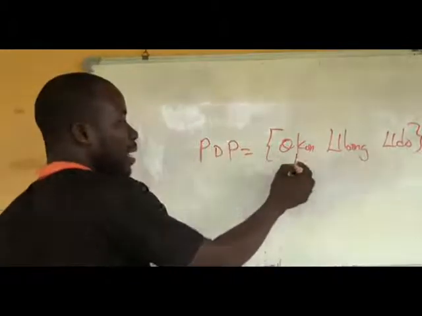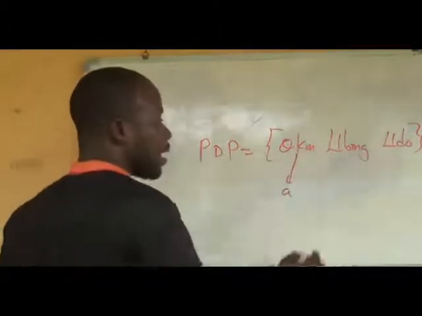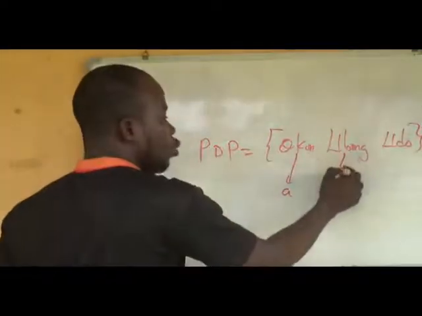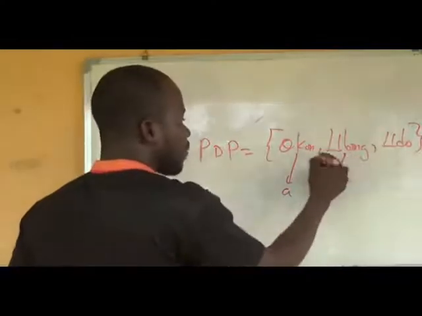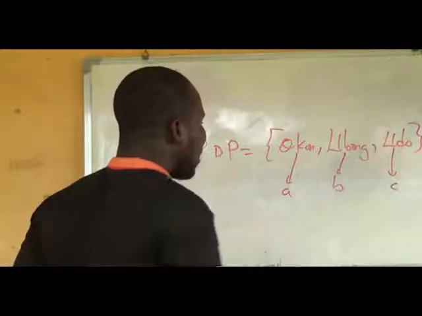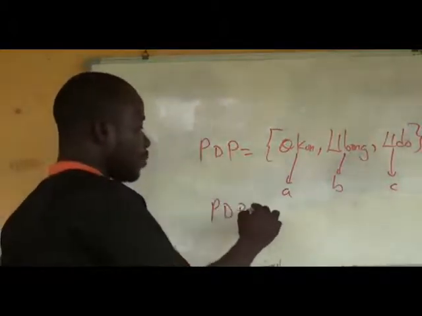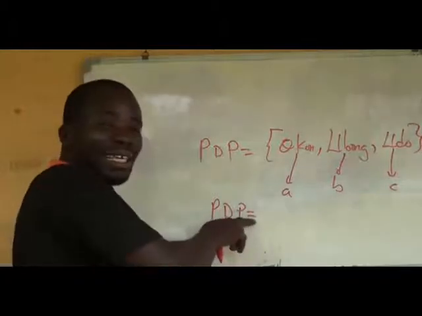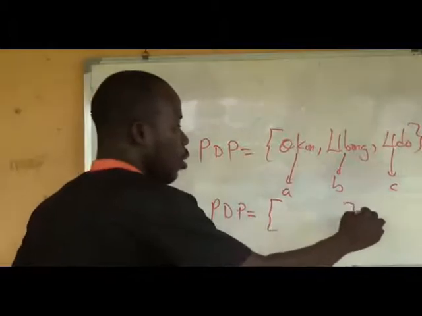Now, if we assign a code to Okun, and the code we assign to Okun is A, and the code we assign to Ubong, or the registration number of the man called Ubong, is B, and the registration number of the man called Udo is C, then we can write this as this, that PDP is a set of.